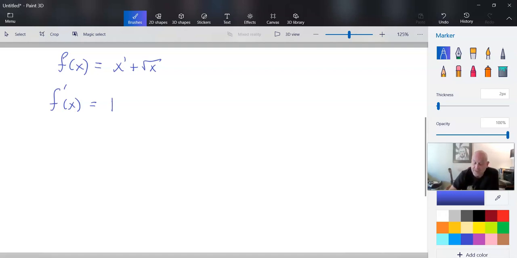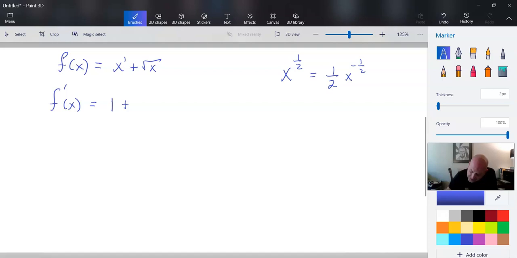Okay, now we have this square root of x. So I need to figure out how that's going to work. Let's rewrite that as x to the 1/2. I'm going to do it on the side here. And so that means that the 1/2 comes out in front. And if I subtract 1 from 1/2, I get negative 1/2. Okay, so I have that.